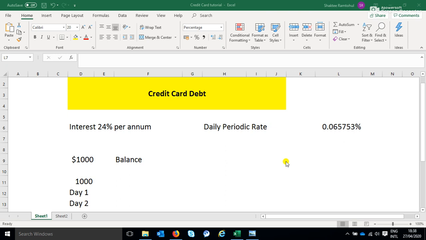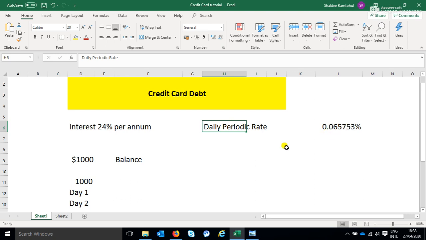But before we get there, let's assume that you walk into a bank today and you apply for a credit card and you're told, well, the interest is 24% per annum, which is what some banks would charge for a credit card. And right next to the terms and conditions, you would be given the daily periodic rate of, in our case, 0.065753%.